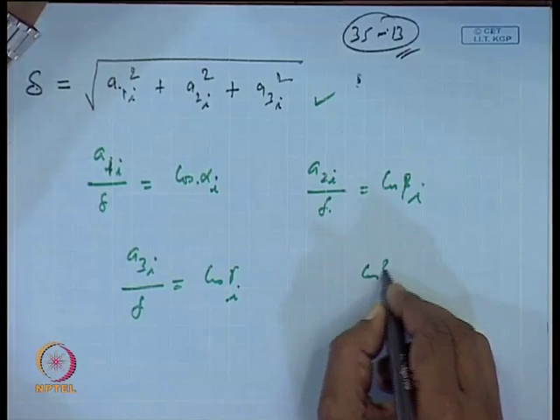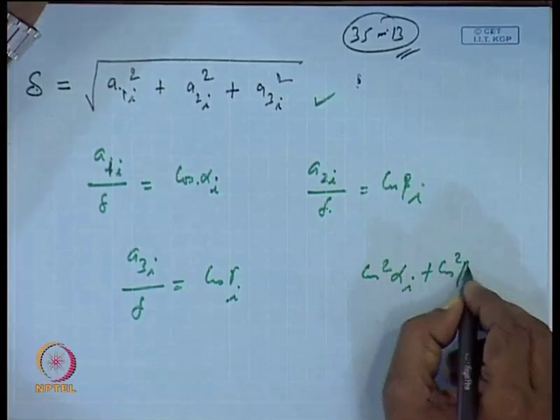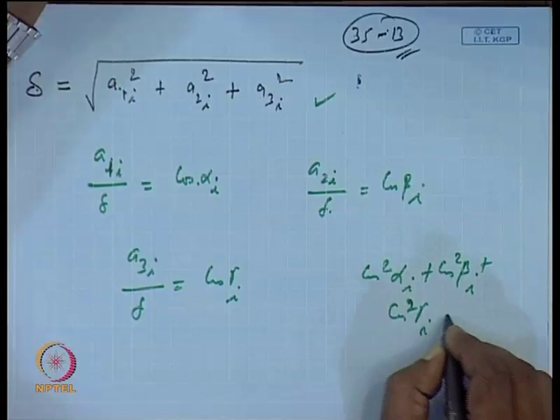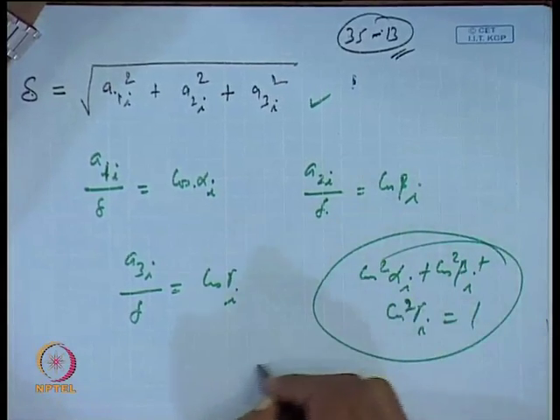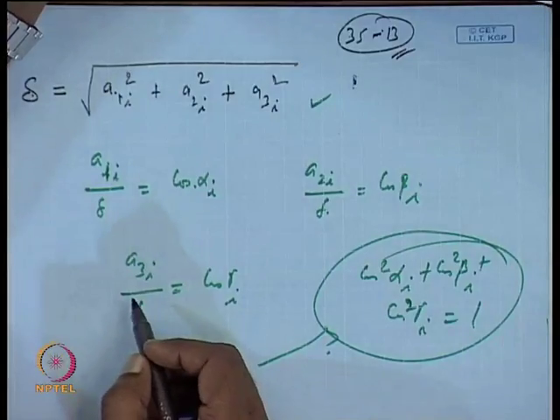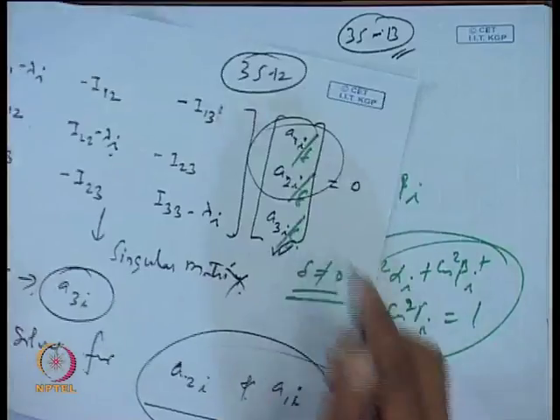So, ultimately you are going to get cos square alpha I plus cos square beta I plus cos square gamma I equal to 1. Okay. So, you have basically done the normalization of these quantities. In the normalized form, this is what will appear.